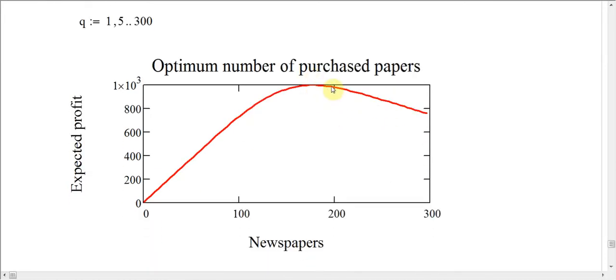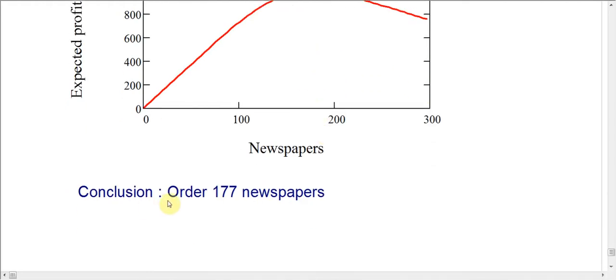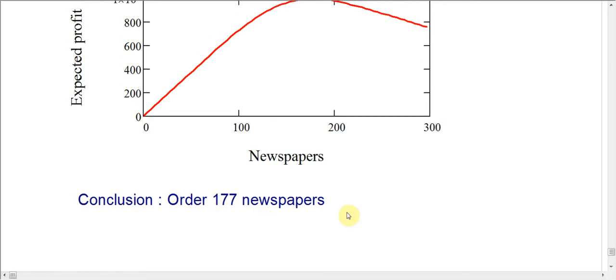And then if we keep ordering more, we just have to scrap newspapers, so the profit starts dropping. So this is the optimum value. In conclusion, this calculation shows that one should order 177 newspapers.